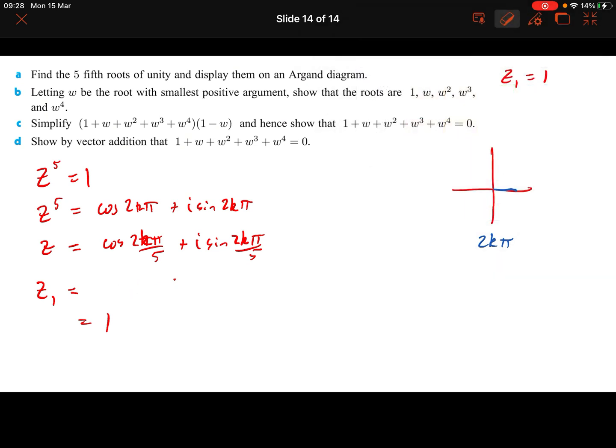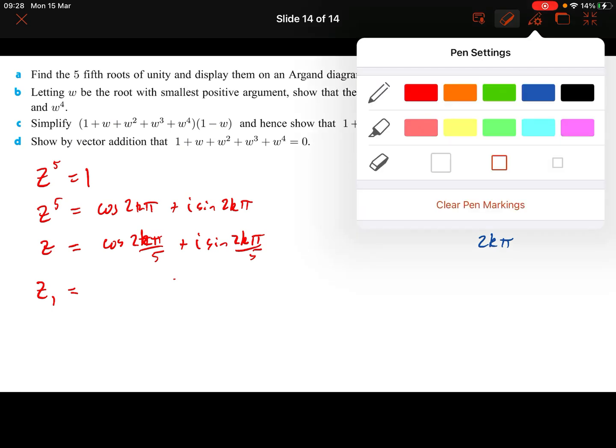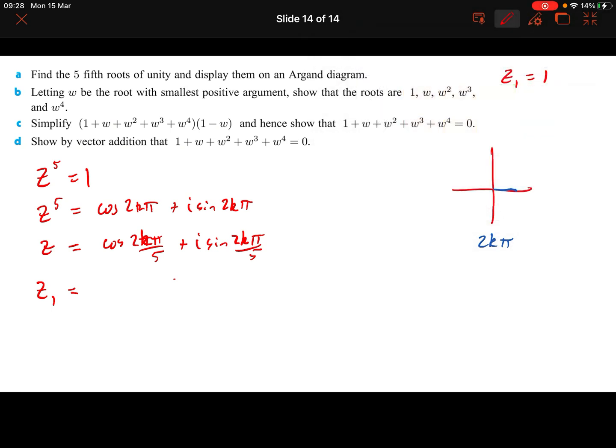Okay, let's find the others by subbing in different values. So if we sub in 1, we're going to be doing cosine of 2 pi over 5 plus i sine of 2 pi over 5. For that, we'll need a calculator.